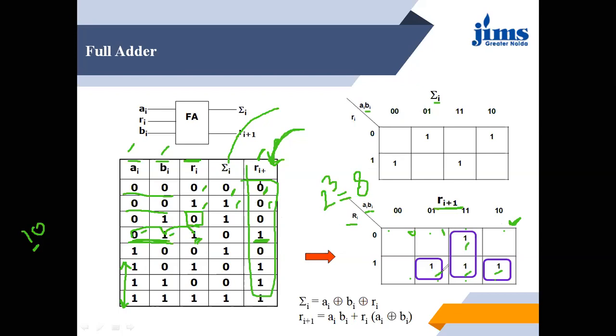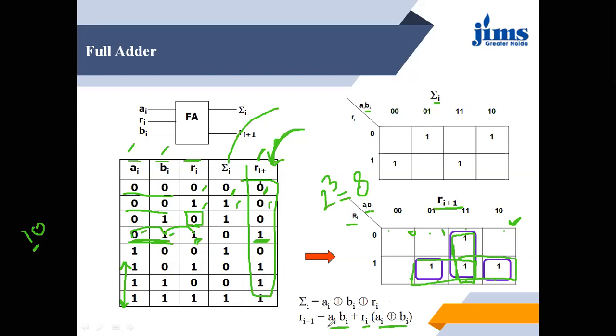Then when we solve this, we have to make the combinations. So this is one combination, this is another combination, and this is a third combination. So by solving this K-map, we get an equation that is a dot b plus ri times a XOR b.